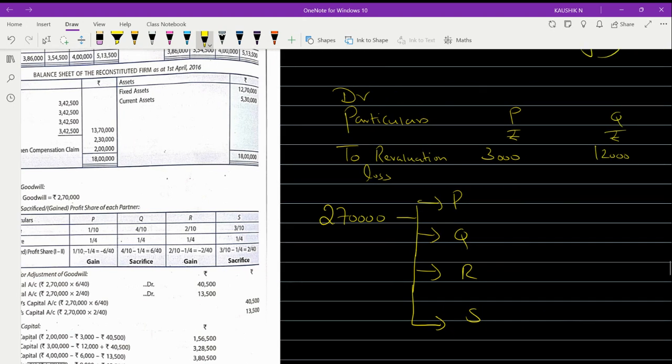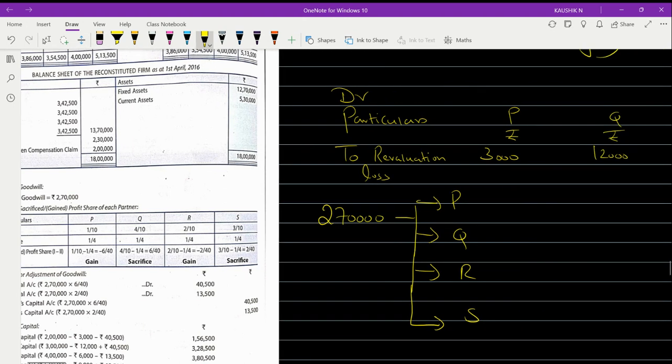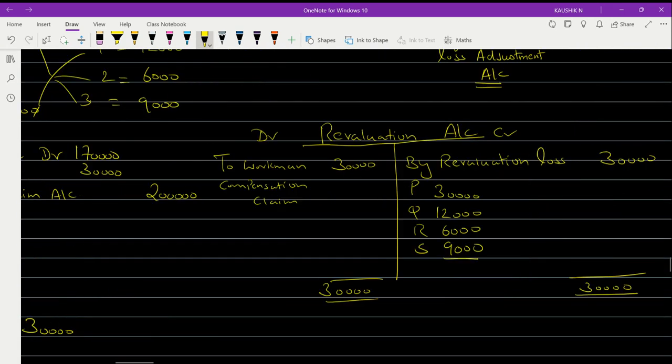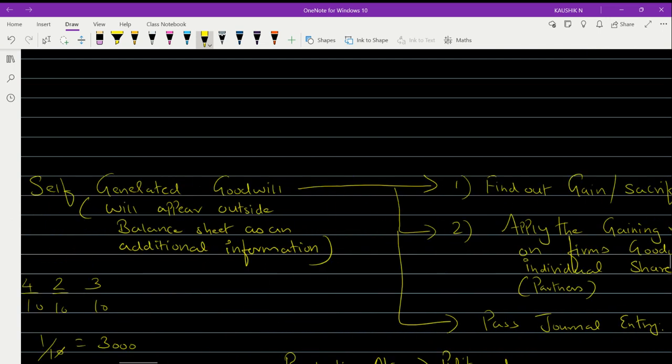Let me write the gaining ratio and the sacrificing ratio. So it is 3 by 20, right? For P, it is 3 by 20. For R, it is the same, 3 by 20. And then for Q, it is 1 by 20, and for S, it is 1 by 20. That's what even we have got, I hope so. Let us reconfirm.